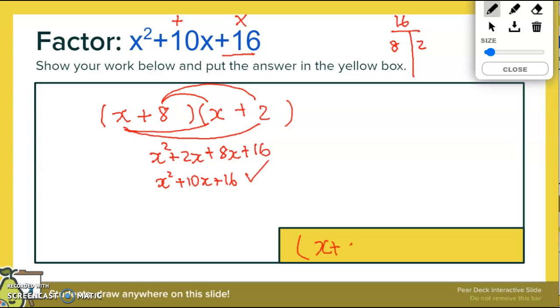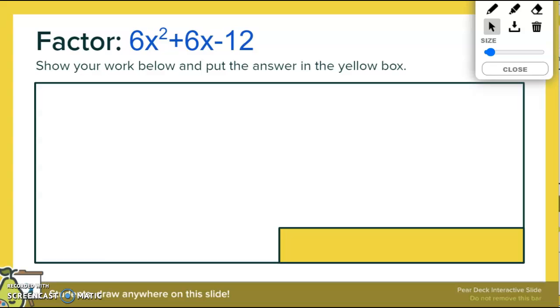So then I am going to put my factors down like so. Okay, so this is a more difficult one because we have a coefficient that is not 1. But the first thing I should be doing is looking to see, can I factor anything out? I should be saying that yes, 6, 6, 12, I should be able to factor out 6.